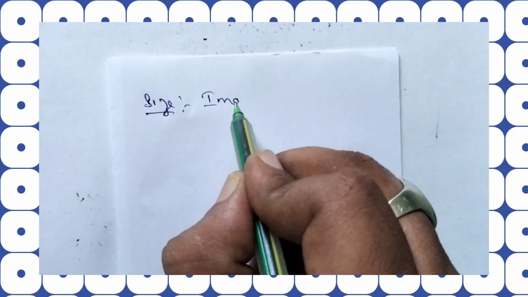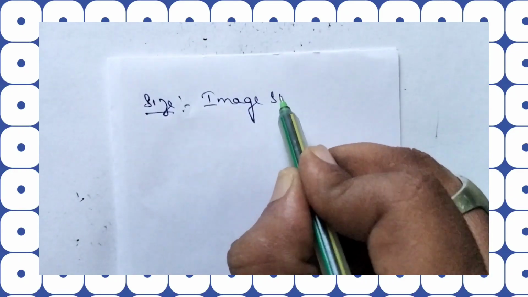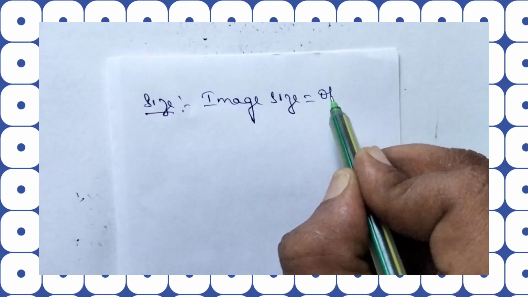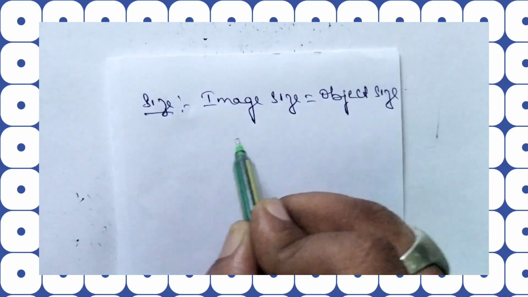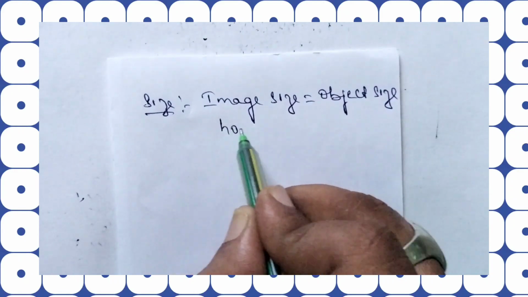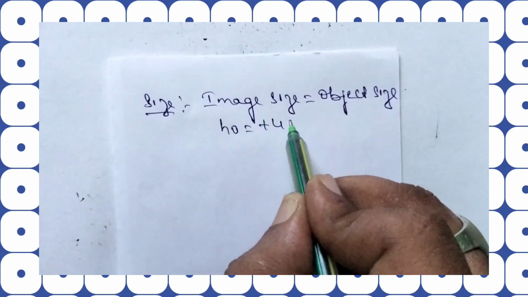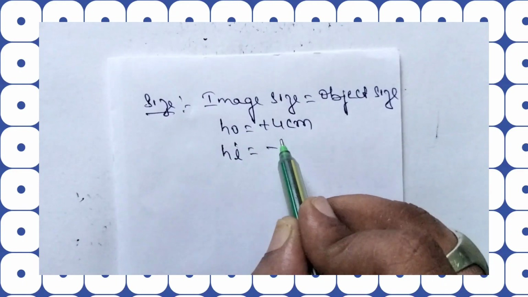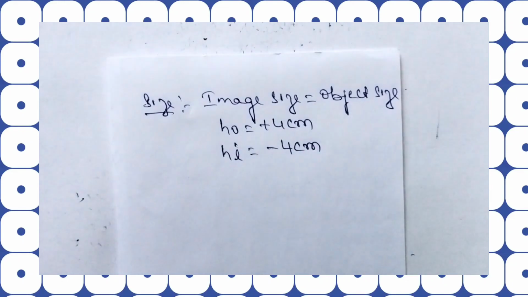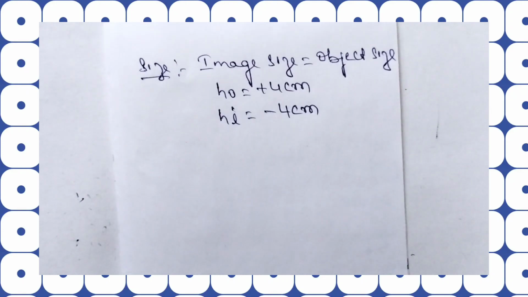Image size is equal to object size. So image size is equal to plus 4 centimeter, but object size is minus 4 centimeter. But 4 centimeter is the answer.